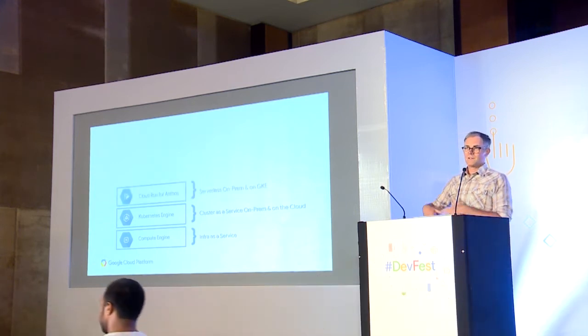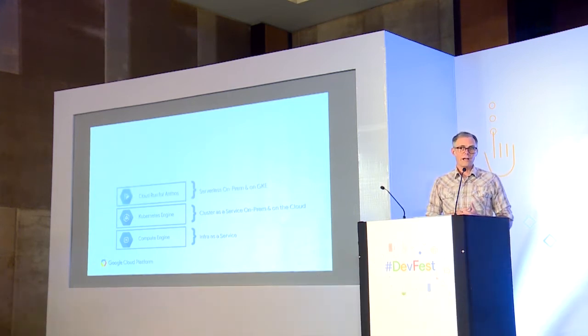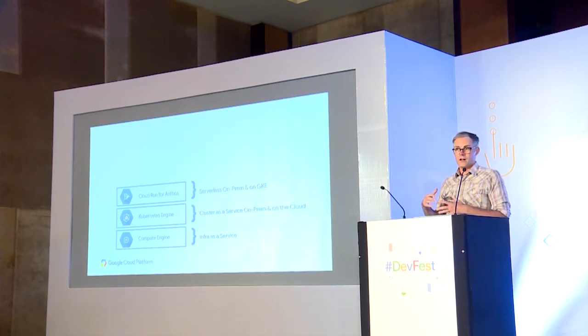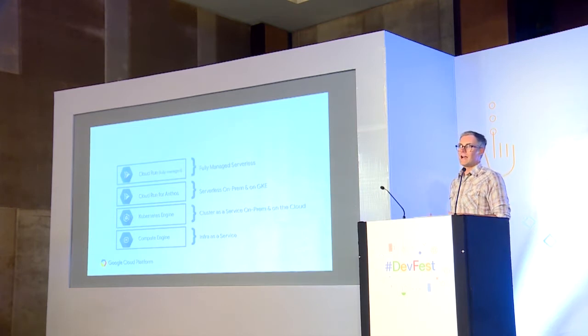So now moving up the stack even more, there's something called Cloud Run on Anthos, and you learned a little bit about that this morning. So this is the ability to take that Cloud Run experience that I just showed you, and I'll be showing you more of in a little bit, and run it on your own GKE or in your own Kubernetes in your own data center. And then there's Cloud Run Fully Managed, where now I have traded off some flexibility.